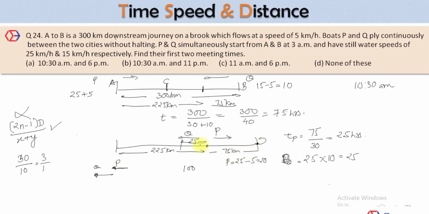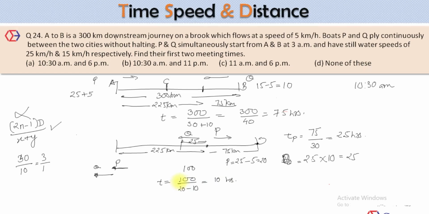Because P is moving upstream and Q is also moving upstream. So after how much time will P catch Q? Time is equal to distance, that is 100 kilometers is the gap between them, divided by relative speed. The effective speed of P is 20, while the effective speed of Q is only 10. So 20 minus 10 is 10. 100 by 10 will give you 10 hours.